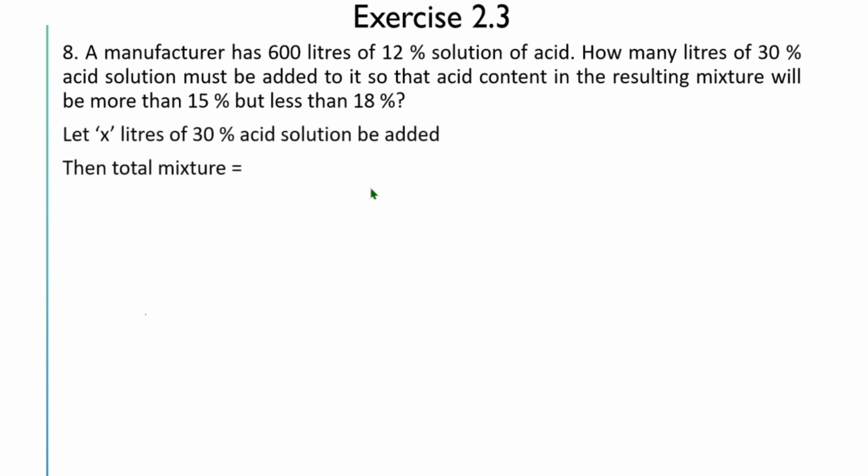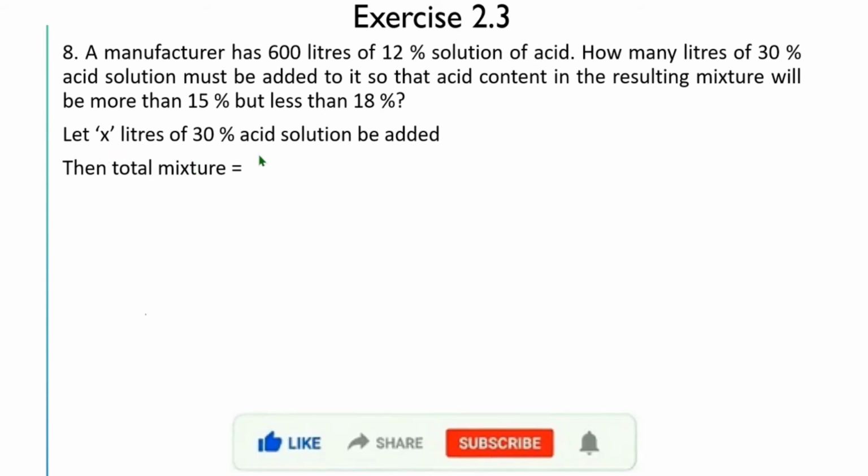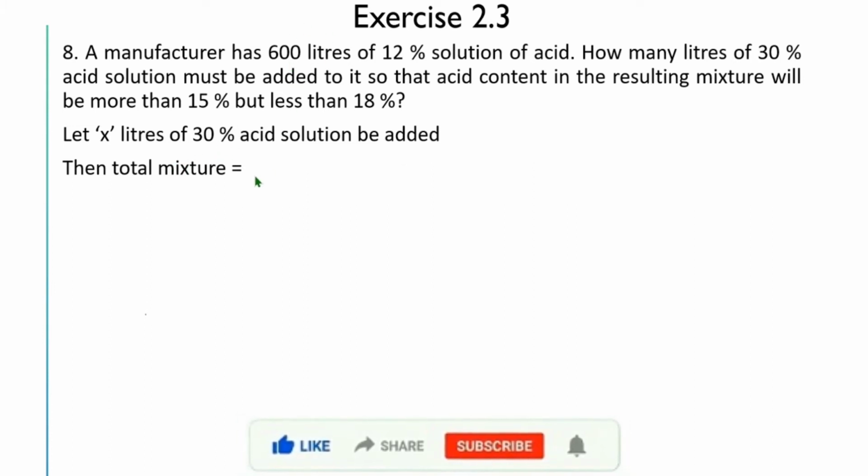So let us take, let x liters of 30% acid solution be added. So after adding x liters of acid solution to this existing solution, the total mixture will be x plus 600 liters.